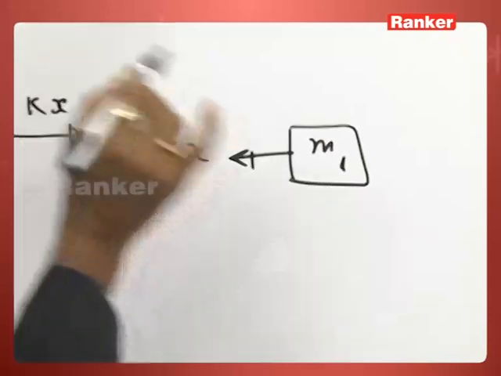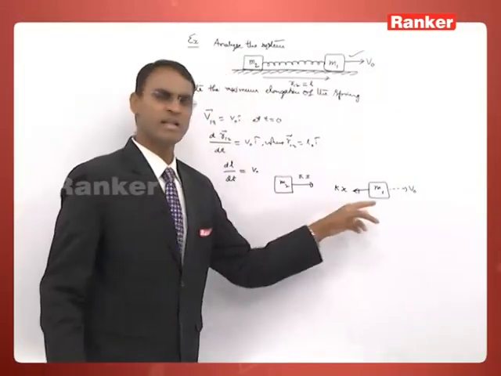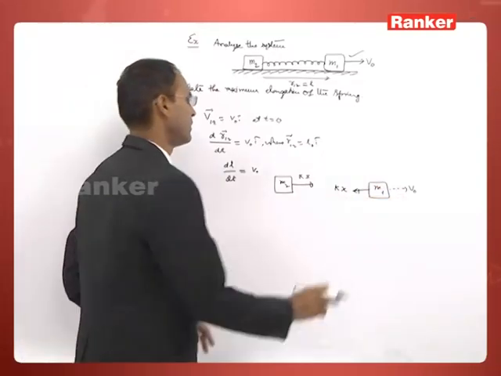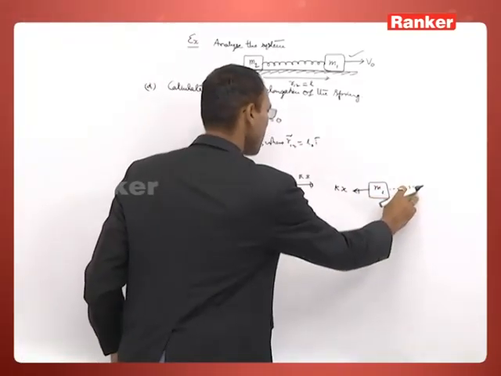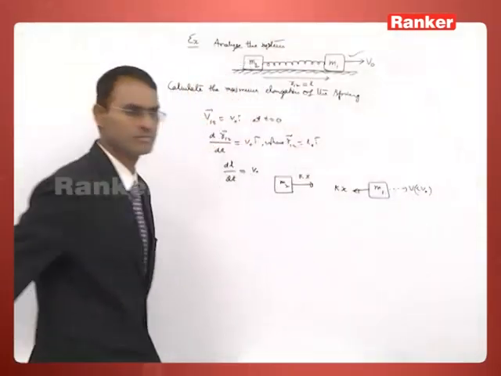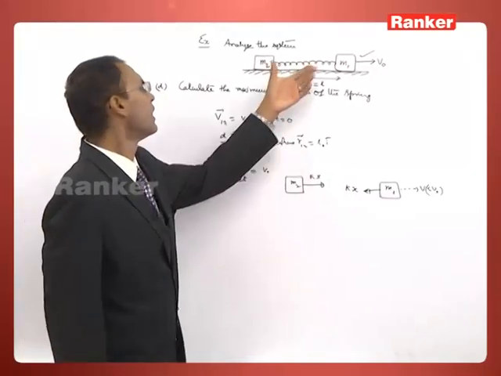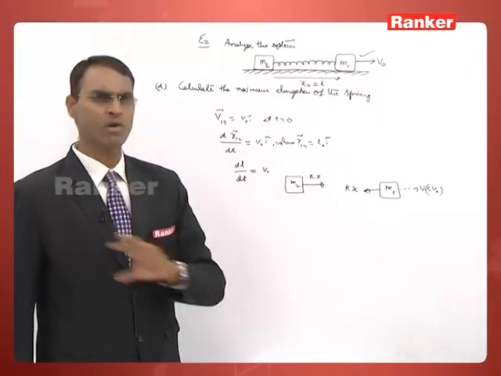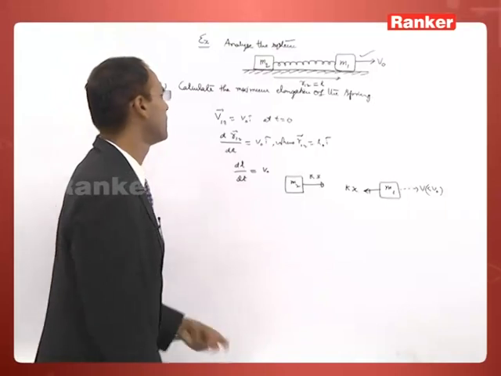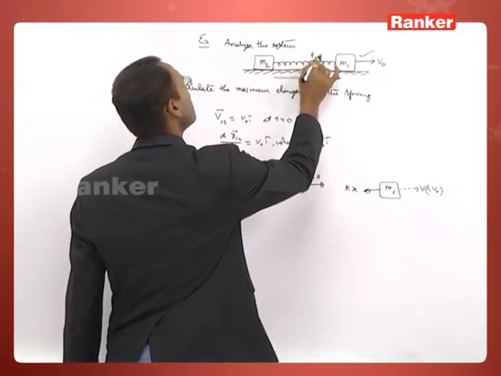Whereas M1 is moving towards right with certain velocity which will be obviously less than v naught, because v naught is its initial velocity. Initially the spring was relaxed, no deformation, no elongation, no compression. Therefore initially the spring force will be equal to 0.